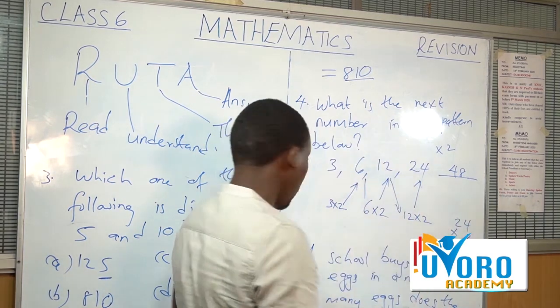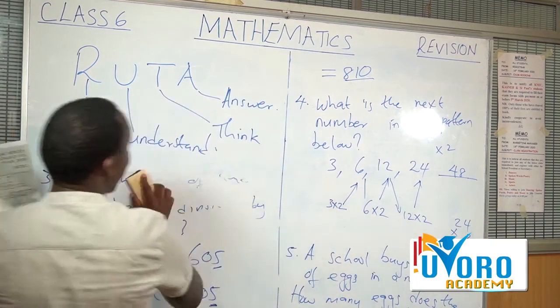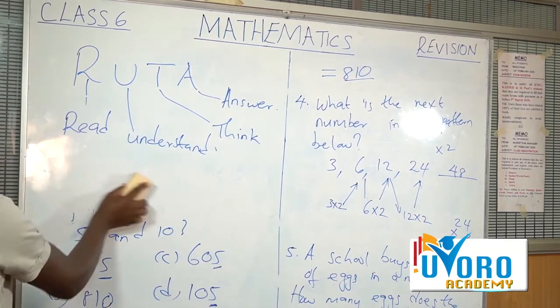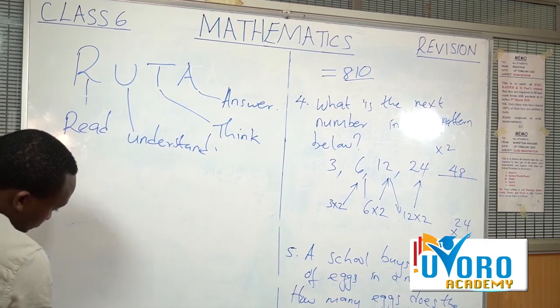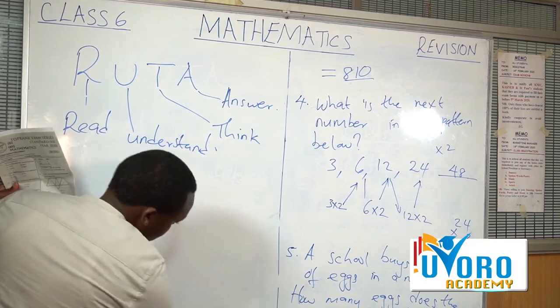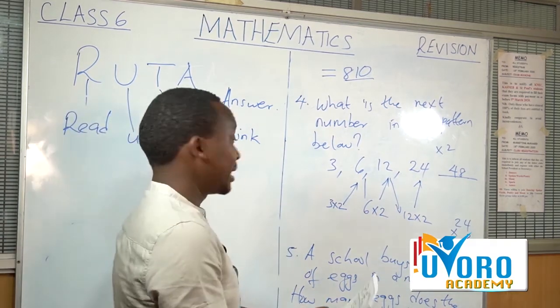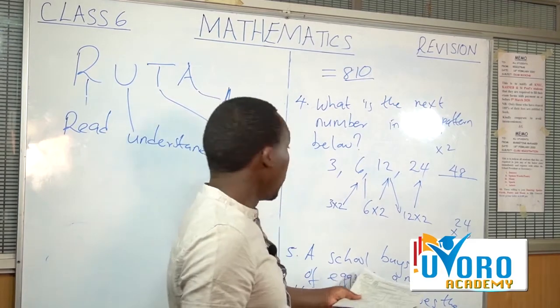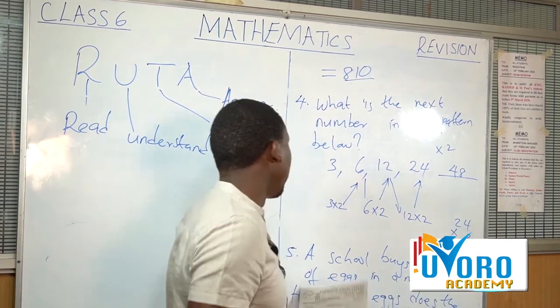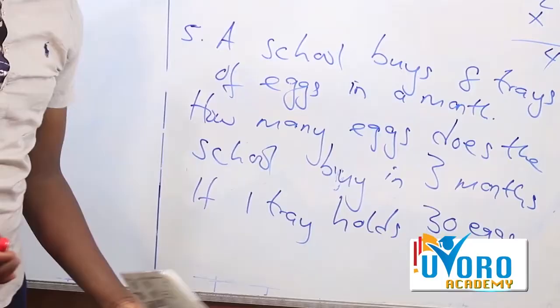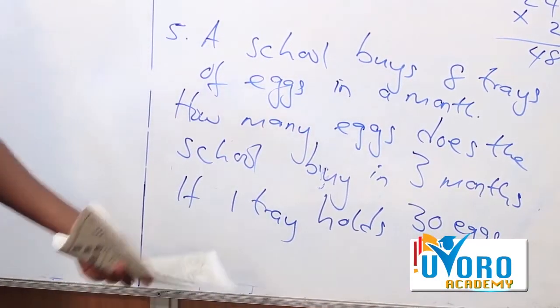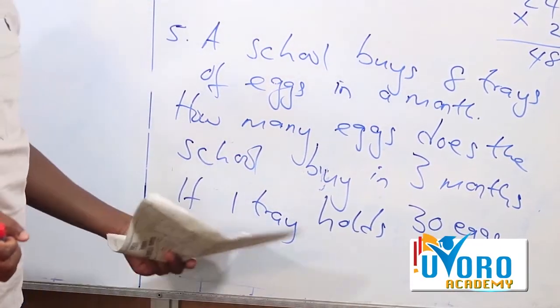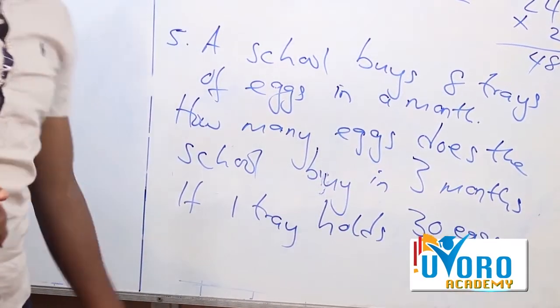Now, for our case here, we are first being directed by our rule, that is router. So let's all read. A school buys 8 trays of eggs in a month. How many eggs does the school buy in 3 months if one tray holds 30 eggs?